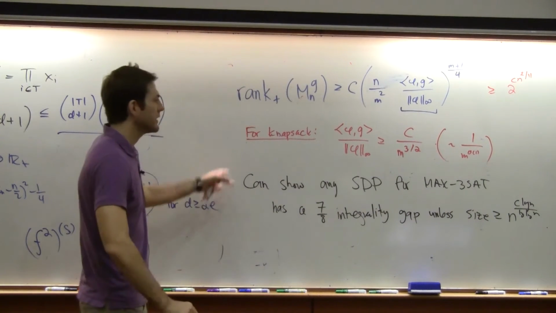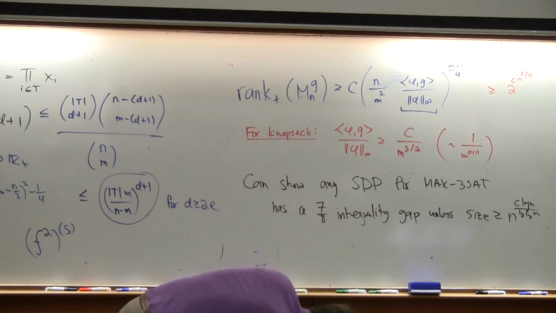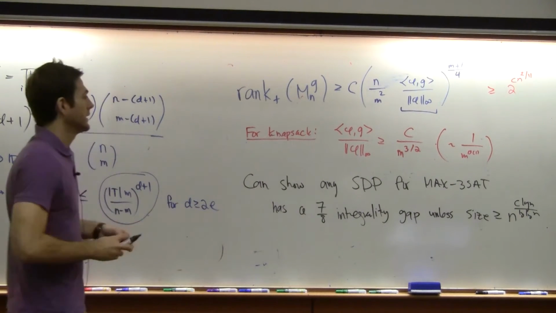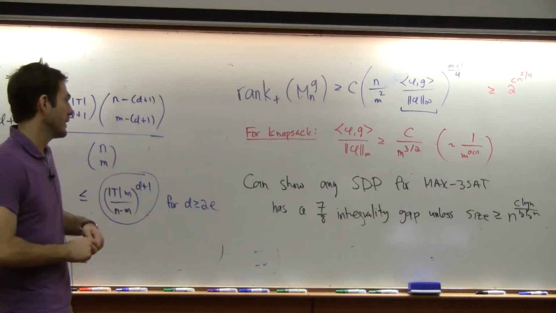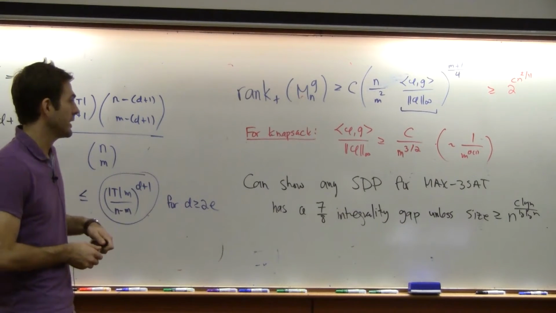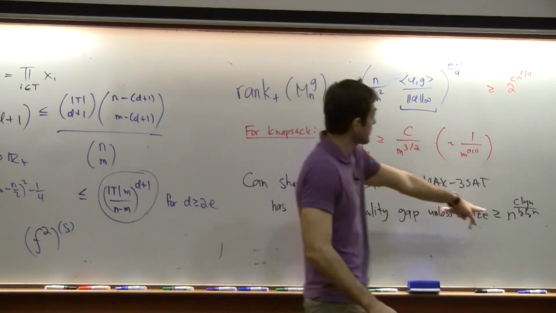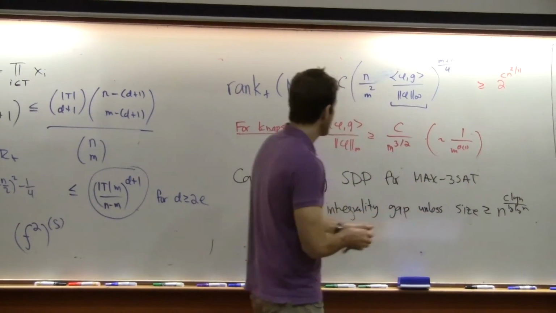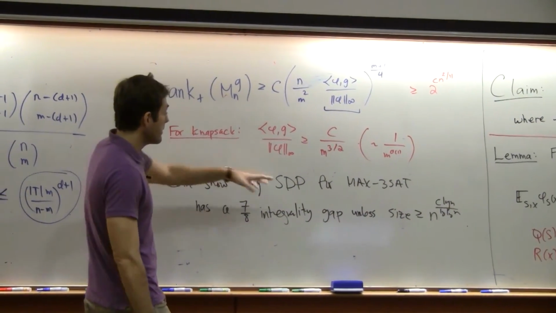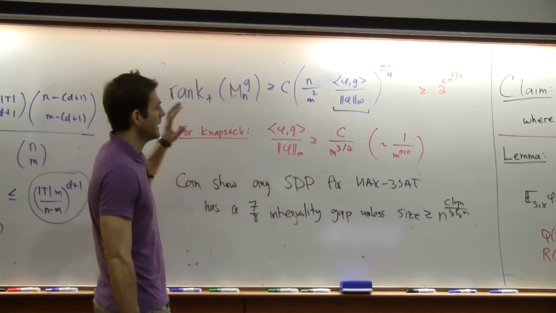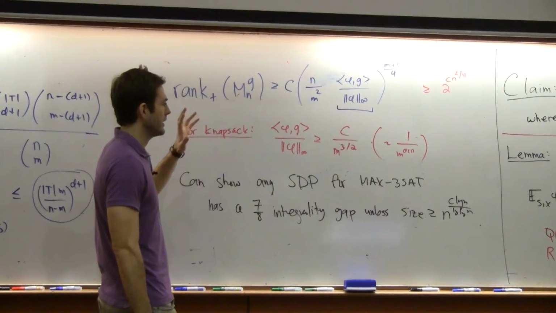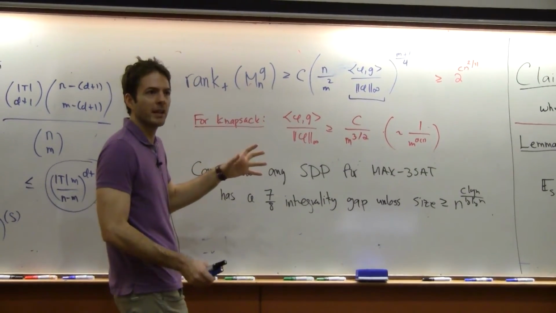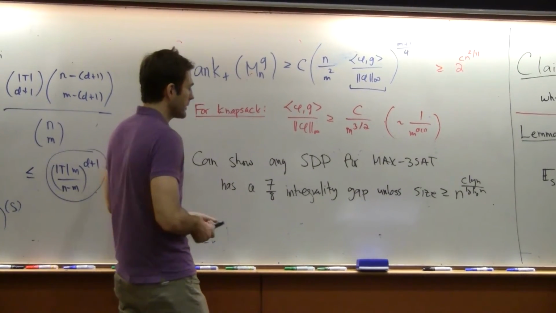Using these methods, you plug in the lower bounds for max 3-SAT from Schoenebeck or from Grigoriev, and you get this. But you'll notice this is much worse than something exponential, and the reason is that the lower bound for max 3-SAT is not like the knapsack polynomial. It's a fairly complicated object, and if you go to other problems, it gets even more complicated.